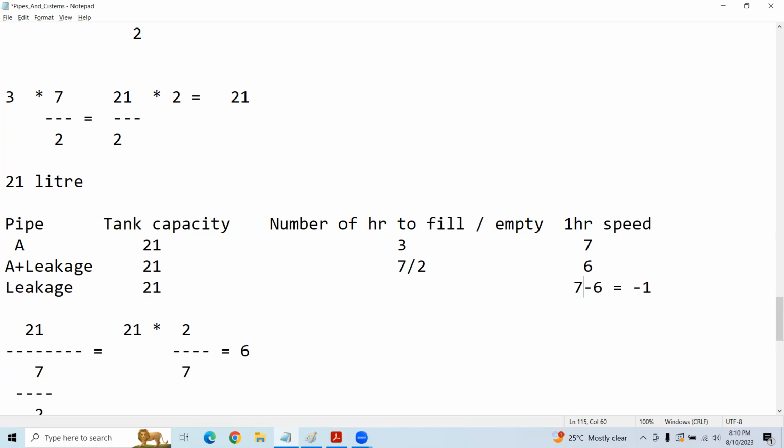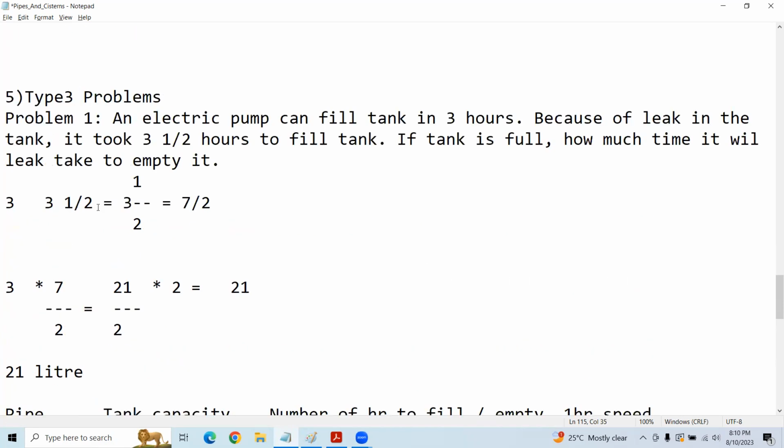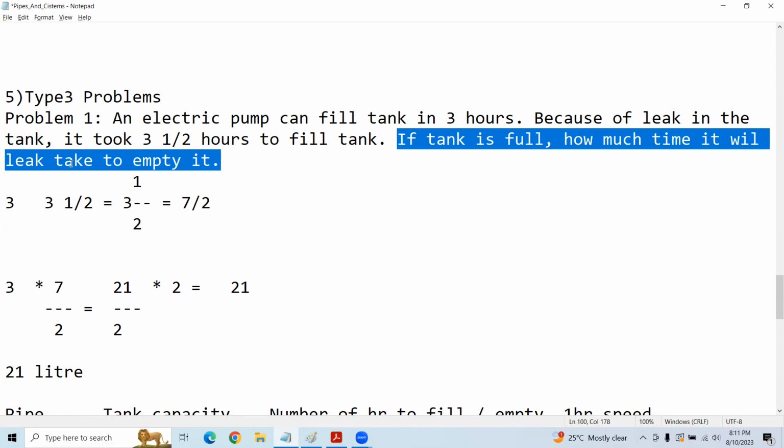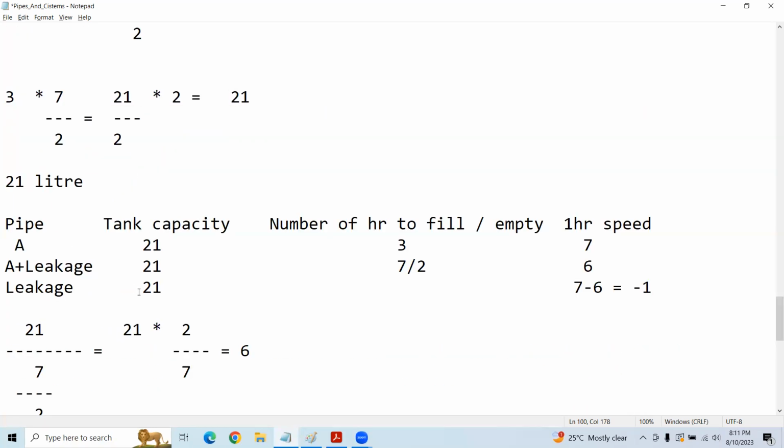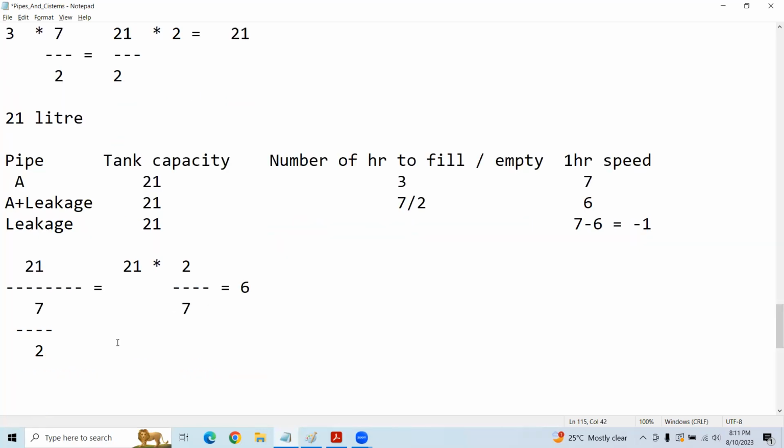Now what they are looking for is, if the tank is full, how much time it will take to empty it? When the tank is full, it will be 21 liters filled. Now see, if we have 1 liter per hour as the speed, in how many hours will this 21 be over? 21 divided by 1, in 21 hours it will be empty.